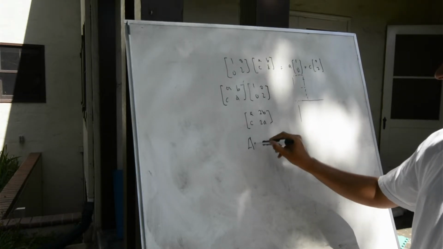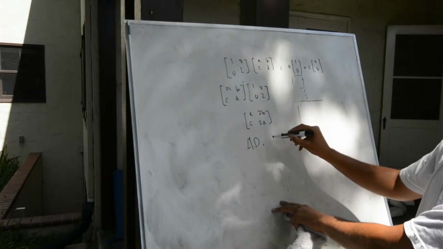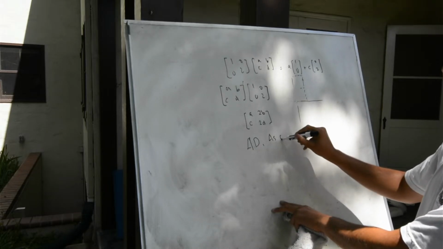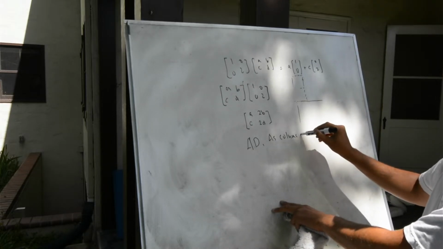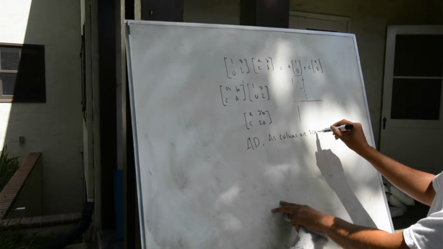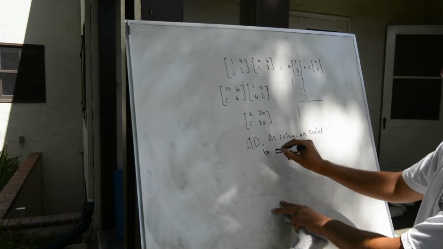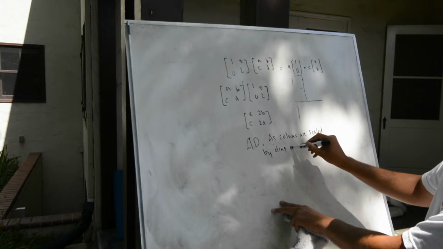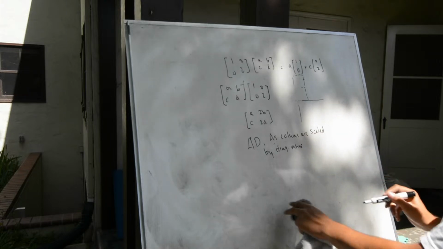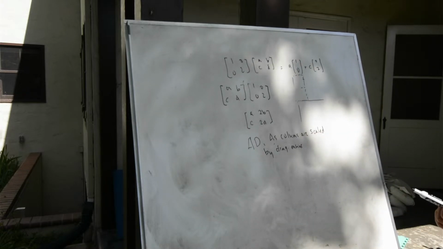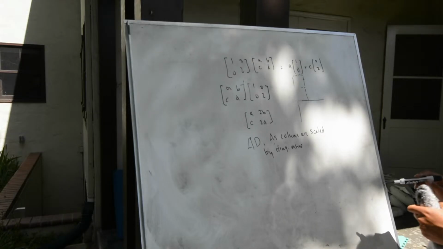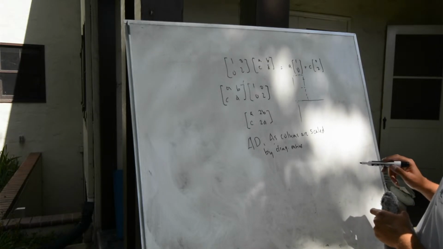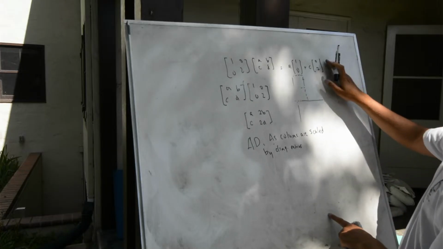And so in the other case, of AD, A's columns are scaled by the diagonal. Wait, actually, I think this is wrong.